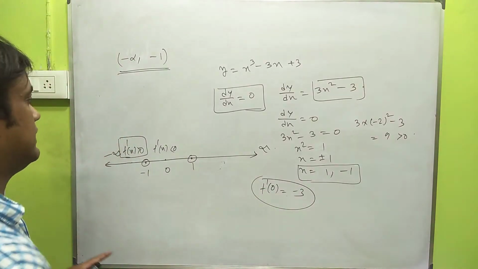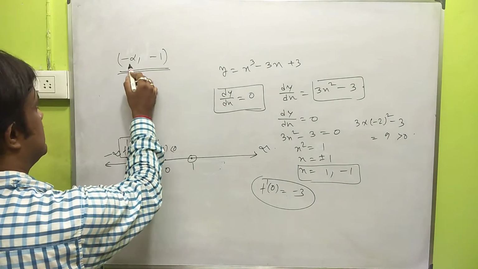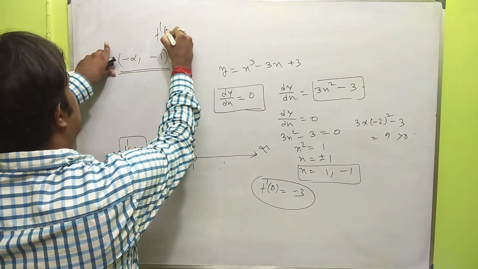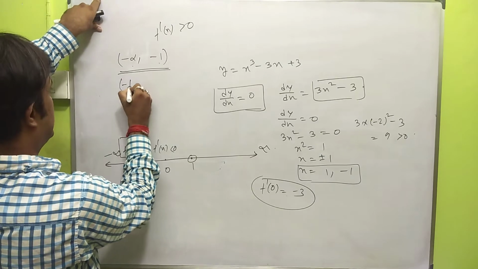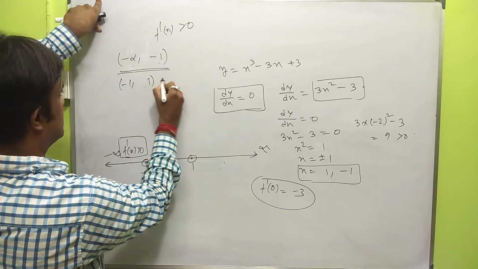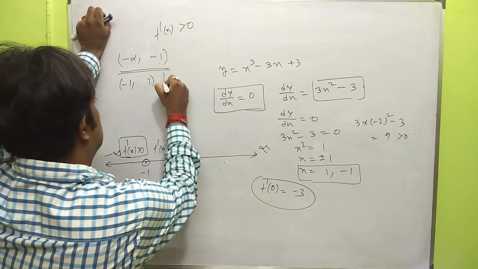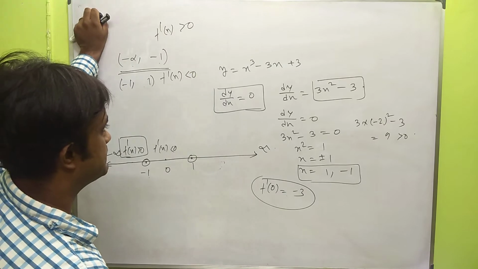So in the interval minus infinity to minus 1, the sign of f dash x is greater than 0, and then in minus 1 to 1, the sign of f dash x is less than 0.